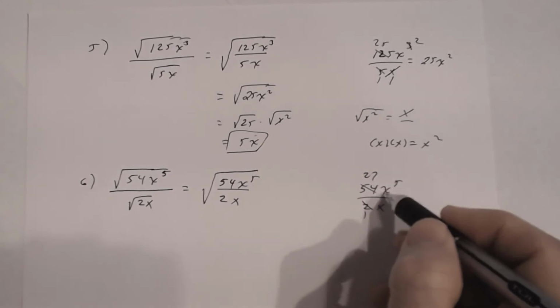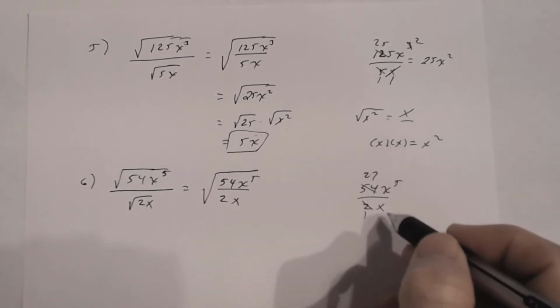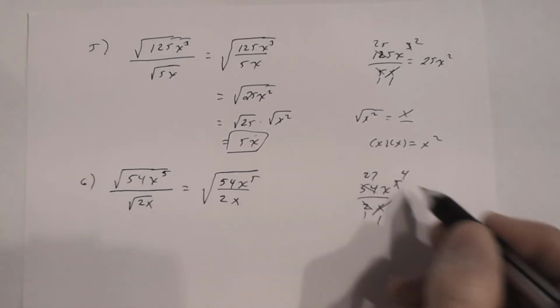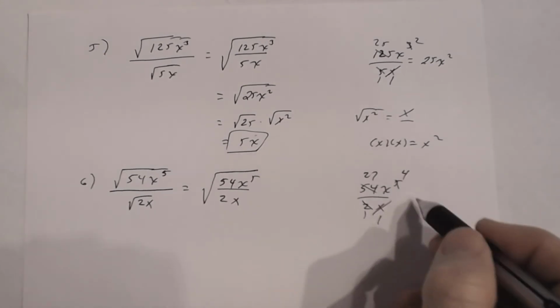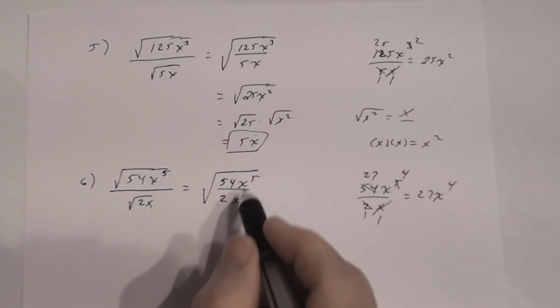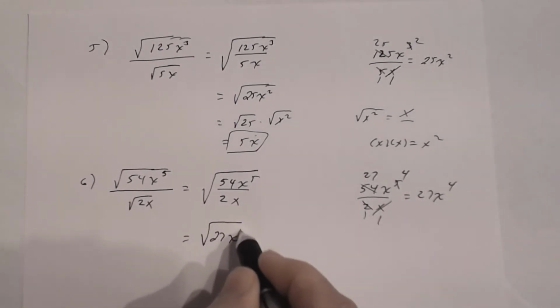There are 5 factors of x here, 1 here. So I can divide these 5 by one of these. So that'll be a factor 1. I'm left with 4 up here. And so this simplifies to 27 x to the 4th. So that's going to be this now. So it'll be square root of 27 x to the 4th.